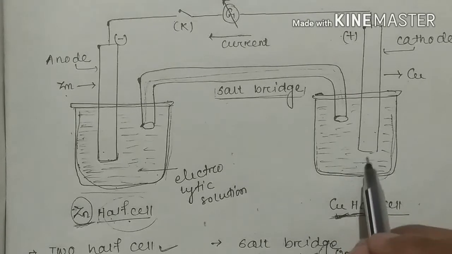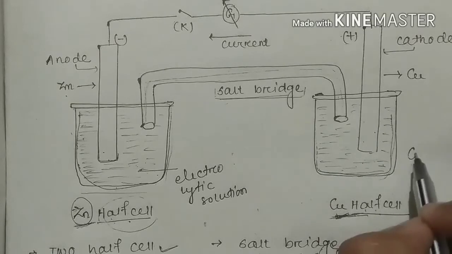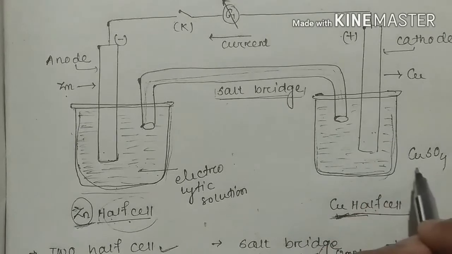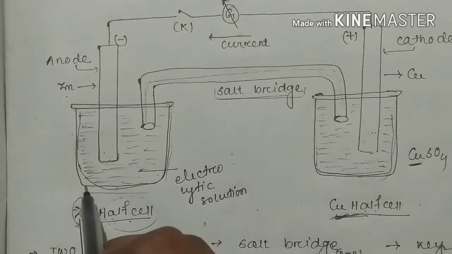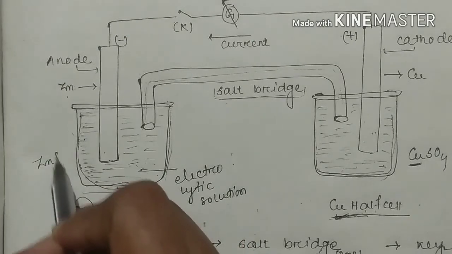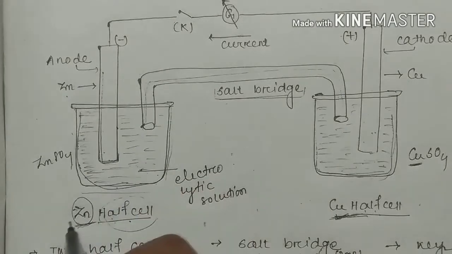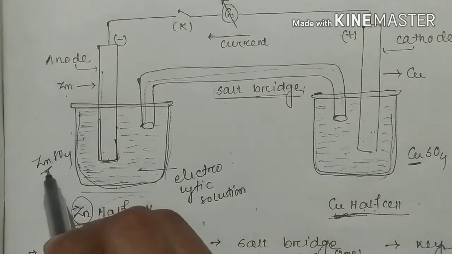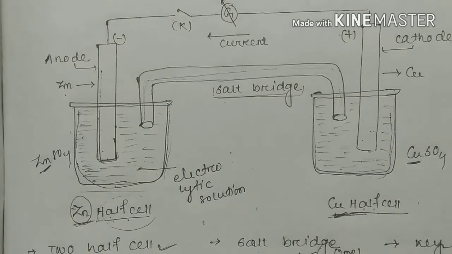It means if my electrolytic solution is copper sulfate, then my electrode should be copper because here the metal is copper. If my electrolytic solution is zinc sulfate, then the electrode is made up of zinc, because we should detect the metal, so we use an electrode of the same metal.